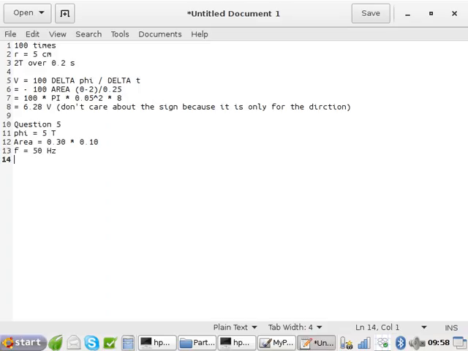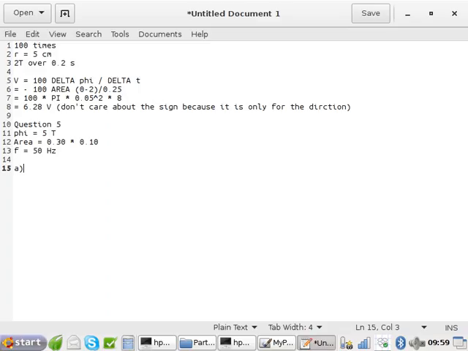Question A is, what is the flux linkage? That's the flux, the phi. So the first one is what is the N phi when the plane is vertical.